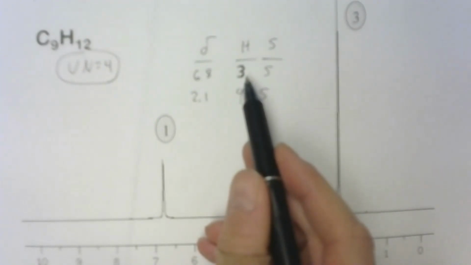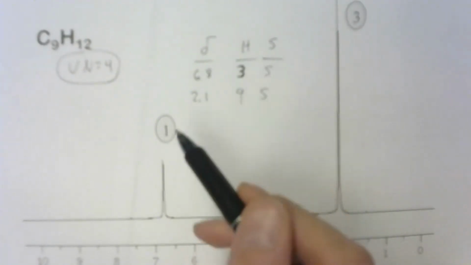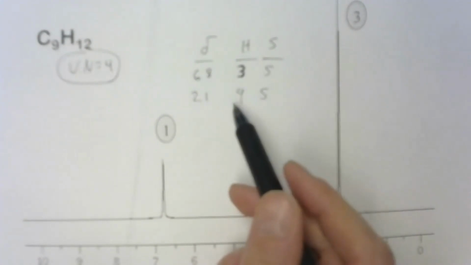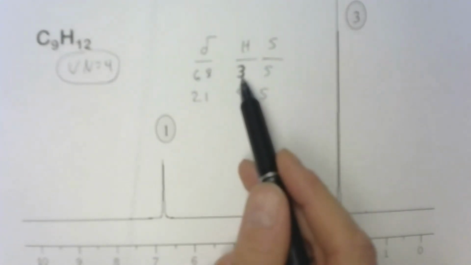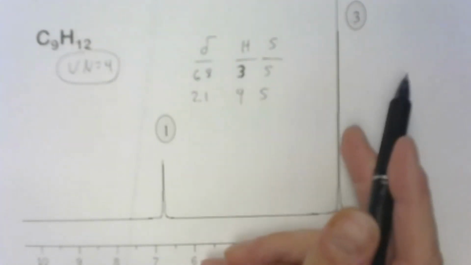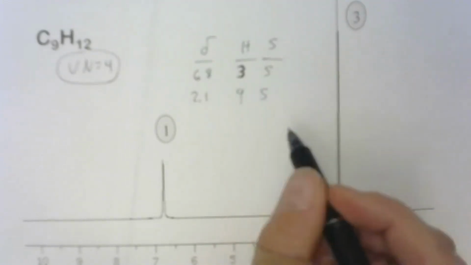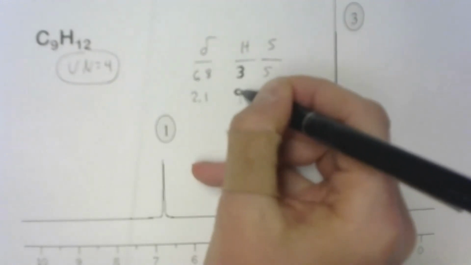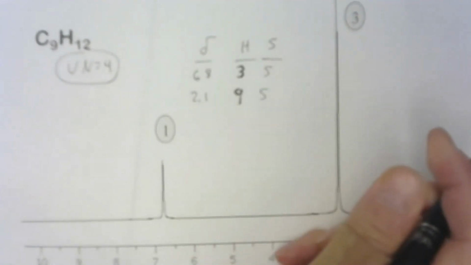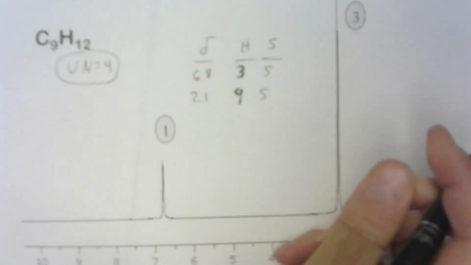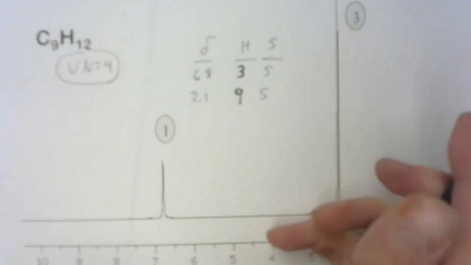That means, how many substituents are on the benzene? If there are 3 protons, that means there must be 3 substituents, right? It's a benzene with 3 things on it. What do we say? Is it monosubstituted, disubstituted, or trisubstituted?